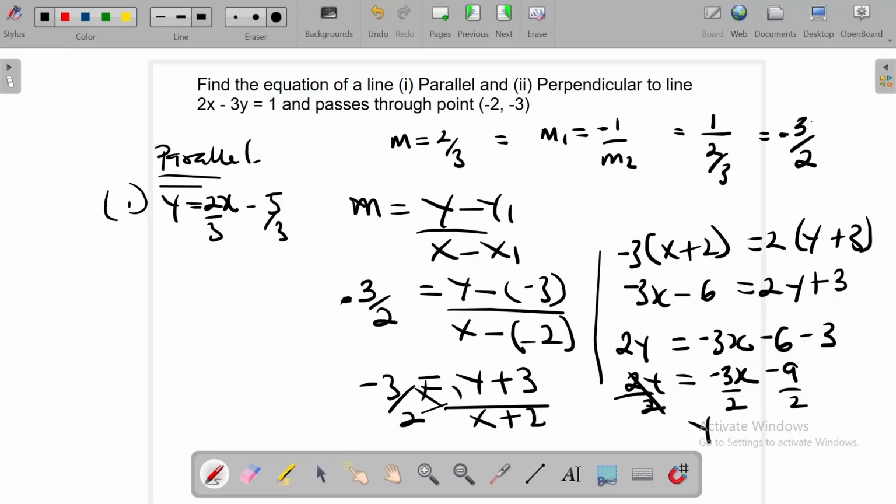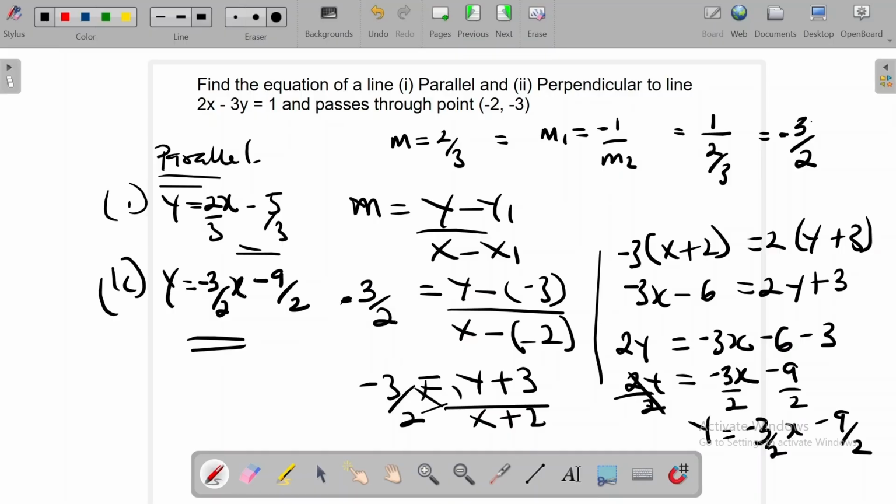So y is equal to negative 3 over 2 x minus 9 over 2. So for the second condition, if it is perpendicular, it becomes y is equal to negative 3 over 2 x minus 9 over 2.